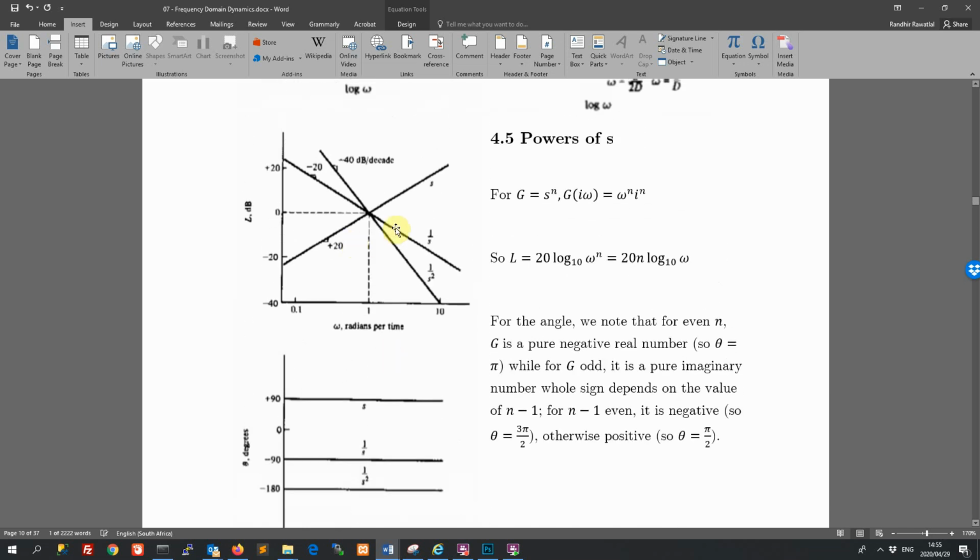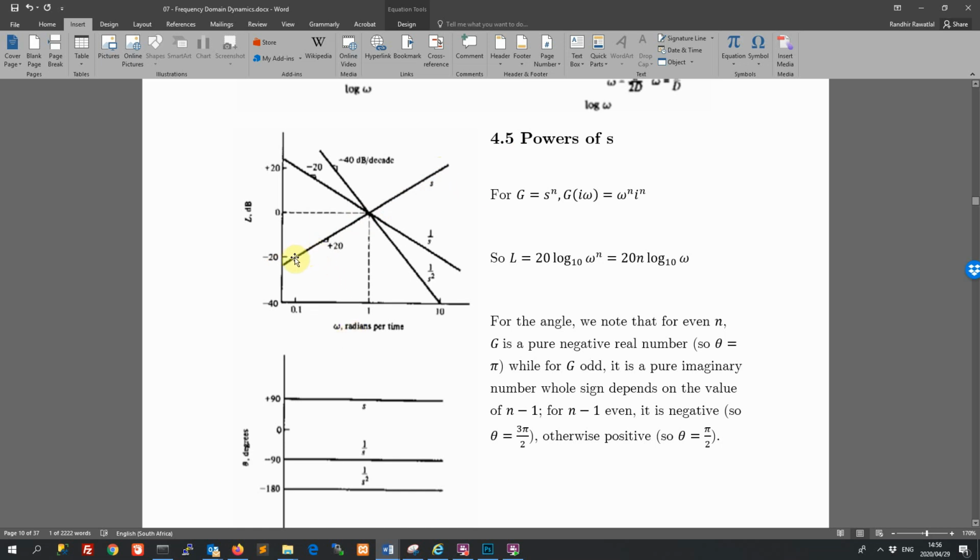Okay, and clearly the angle is changing with n, but it's not varying with omega itself, right? This time, omega is changing only the amplitude, it's not changing the angle. So the angle of the line is fixed with respect to omega.